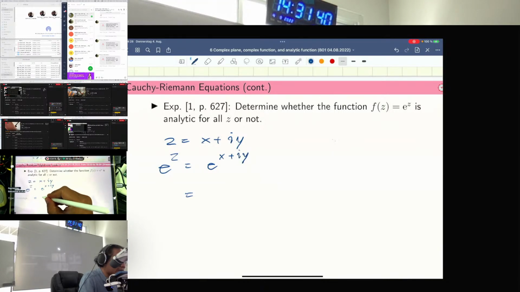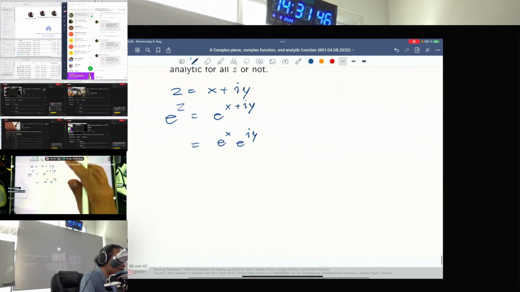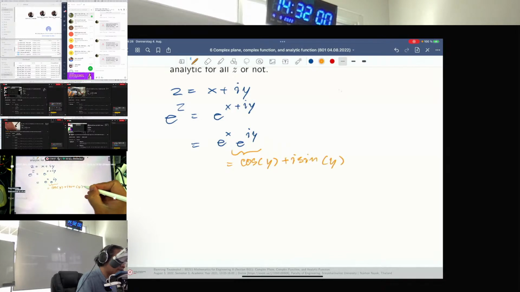And this is the exponential of x times the exponential of iy, and you know that the exponential of iy can be written using the other expression as cosine y plus i sine y, right?